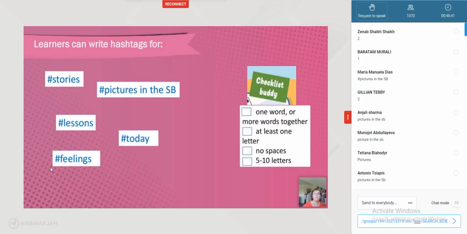Yes, so pictures in the SB, okay, is not a good hashtag because it's got spaces and we can't have spaces. And potentially it's also too long. And also another thing to check with hashtags is whether it's already being used a lot online and perhaps for things that you don't want them to use?